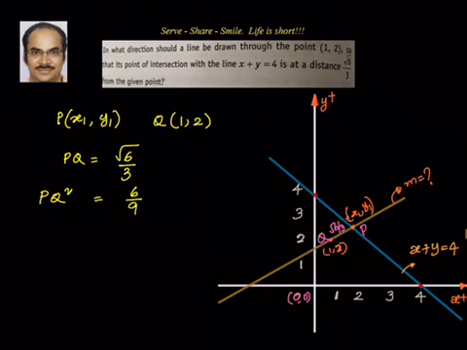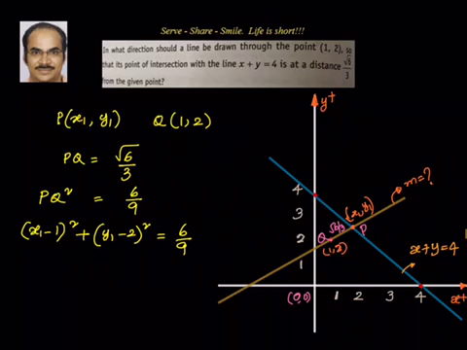Using the distance formula, (x1 minus 1) whole square plus (y1 minus 2) whole square is equal to 6 by 9.